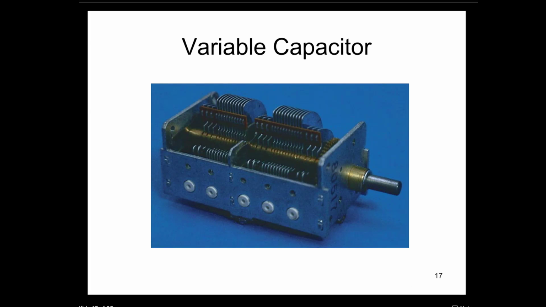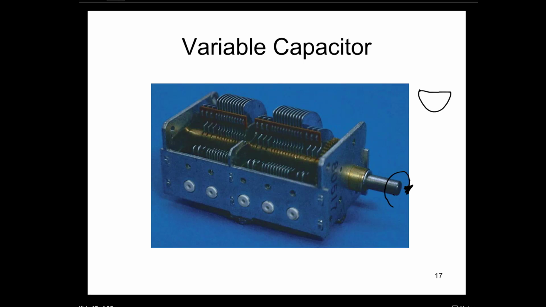So this is just a quick picture of an example of a variable capacitor. This would be like in a tuning circuit, so a radio tuning circuit, a television tuning circuit, or something of that nature. And what it means is you can rotate this knob here at the end, either this shaft, either clockwise or counterclockwise, and I think you can see by looking at it, when you do, you'd affect the plate mesh.